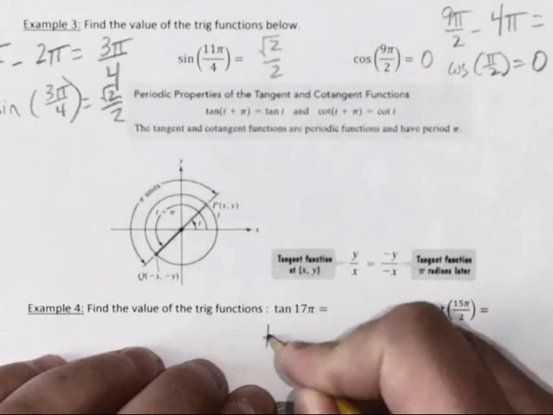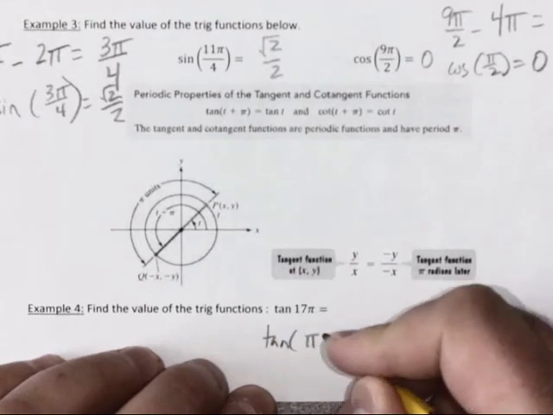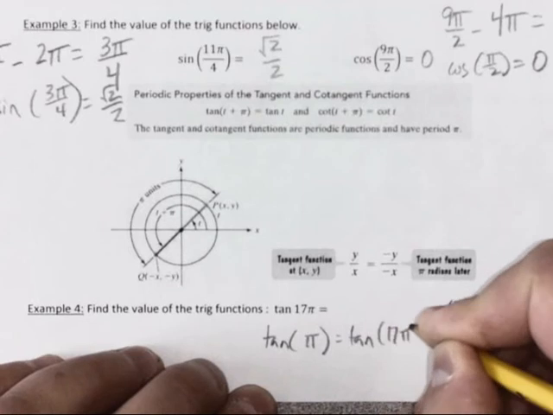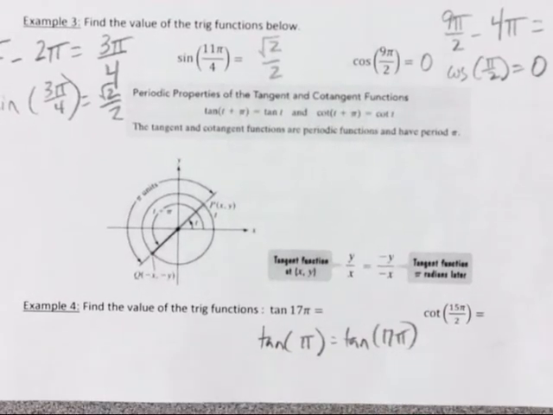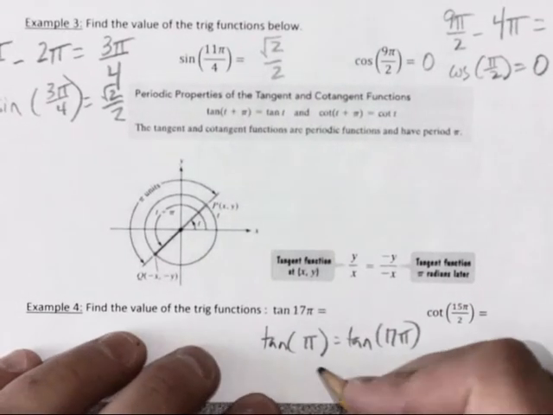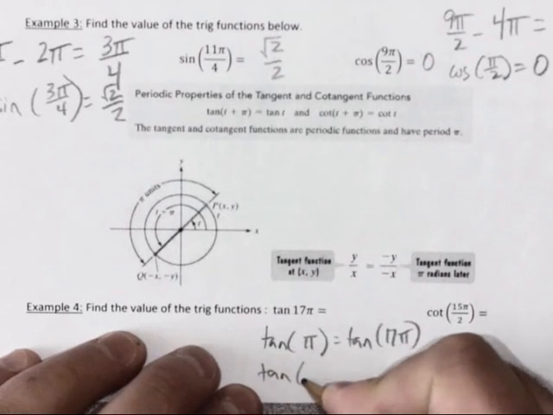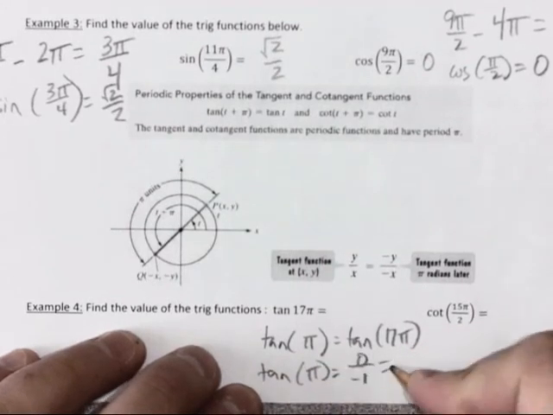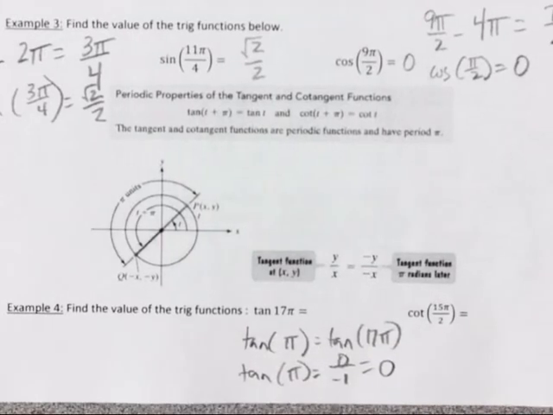So the tangent of pi is equal to the tangent of 17 pi, since they are coterminal angles. You get tangent of pi equal to 0 divided by -1, which is 0.